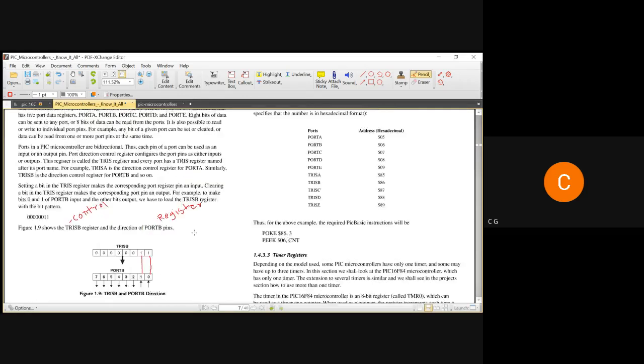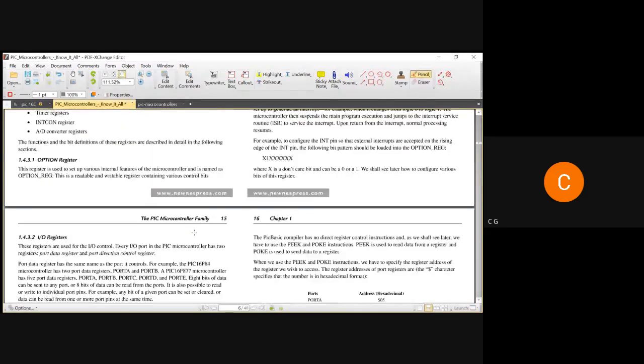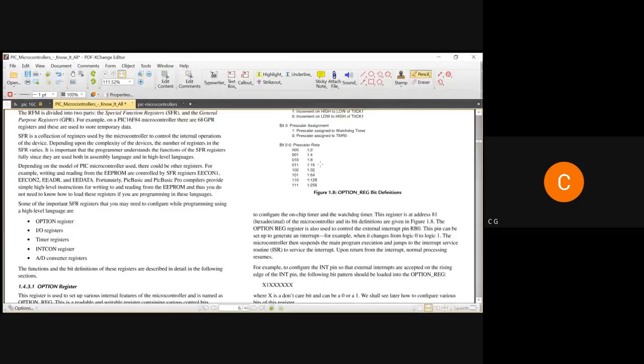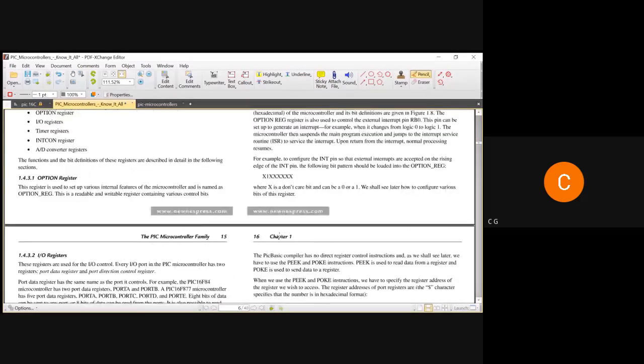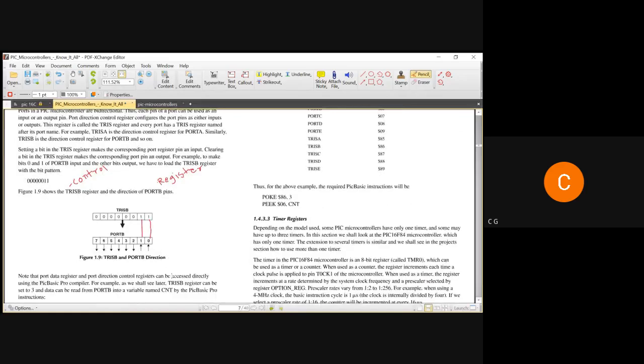Again you will have to take help of the prescaler and the watchdog timer reset arrangement, and then you will be able to get the data. So it is a little bit tricky operation, not complicated, but TRISB is a control. It tells whether data has to be sent out or sent in. That is the role.